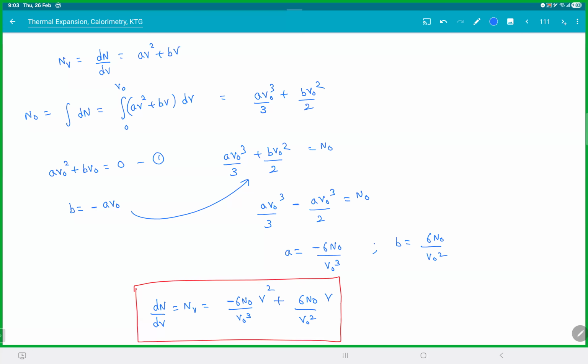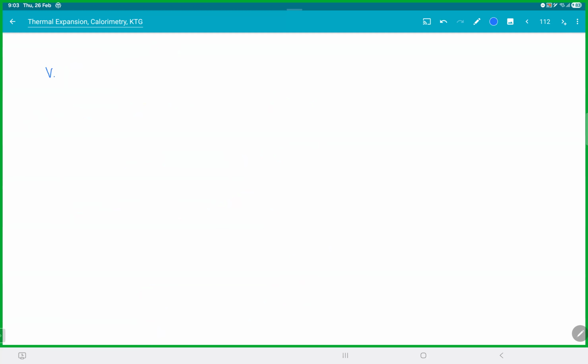Right, Aditi? Anyone else? So let's just substitute there. VRMS square is integral v square dn by integral dn. So this is v square, and dn is nothing but that big expression, minus 6 n naught v square by v naught cube plus 6 n naught v by v naught square, dv.